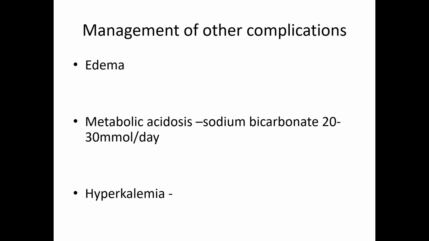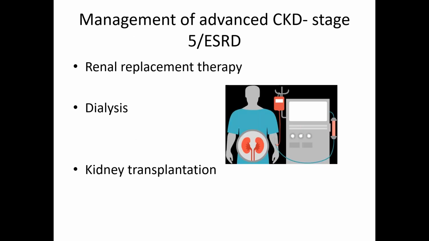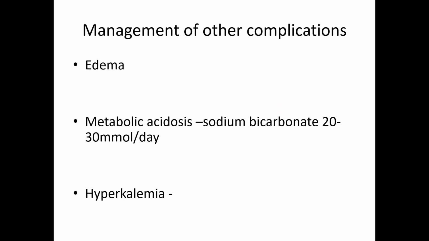We restrict the diet rich in potassium, like fruit juices, nuts, and if the hyperkalemia is quite dangerous, we take the help of emergency measures to control it, like calcium gluconate, as I discussed when I discussed the management of acute kidney injury.